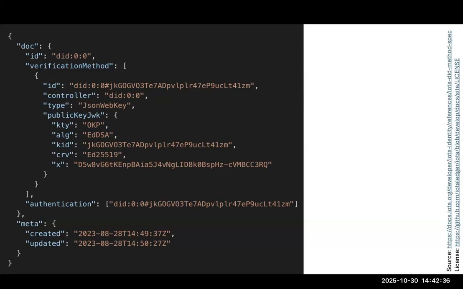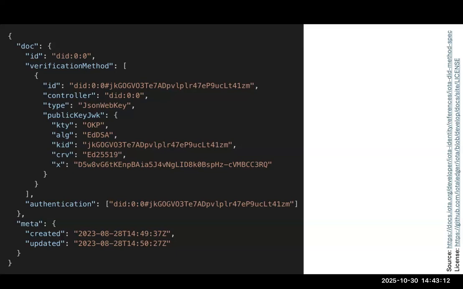Then they use the classical type JSON Web Key. And so in the verification method, they always use the Edwards curves, and so EdDSA. And in the encoded public key, you have the curve and the value of the X to generate the associated public key.